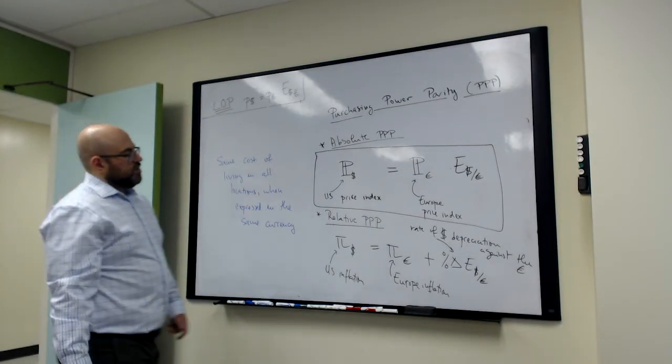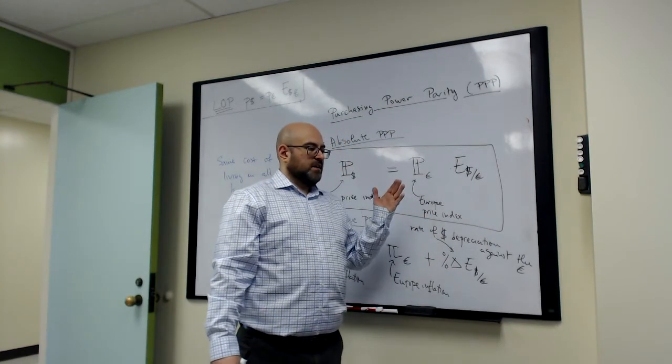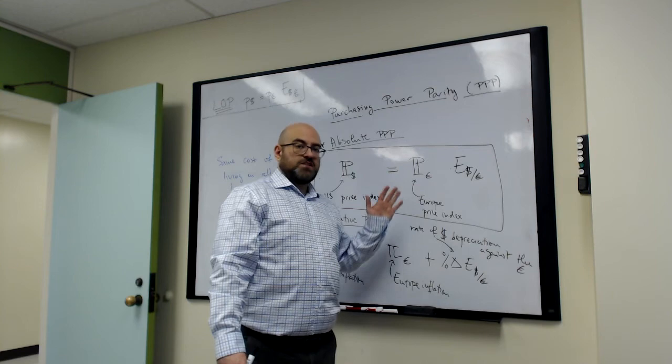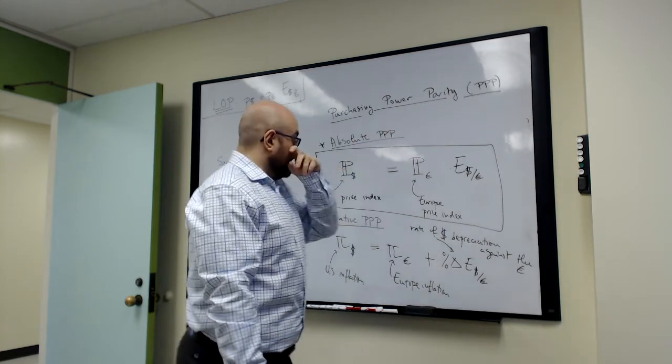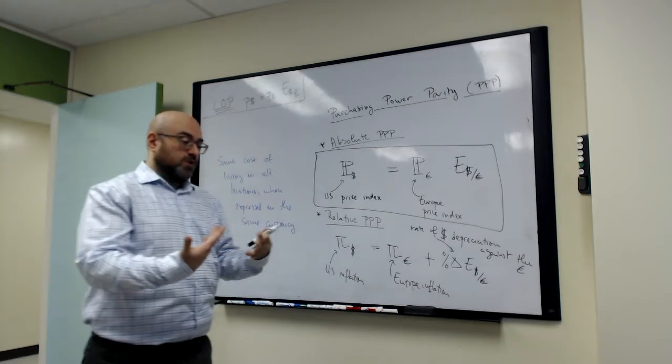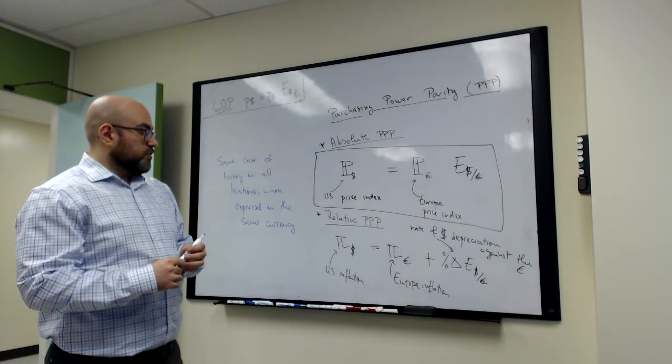So when this is high and positive, it means that the nominal exchange rate is growing fast, and we said the higher nominal exchange rate, that's a depreciation. So it takes more dollars to buy 1 euro.